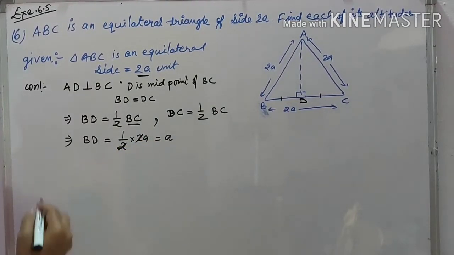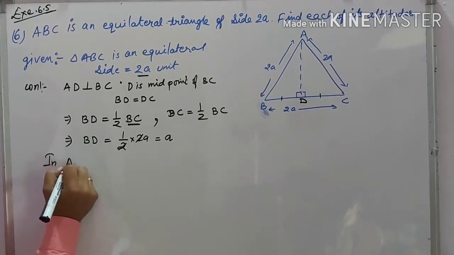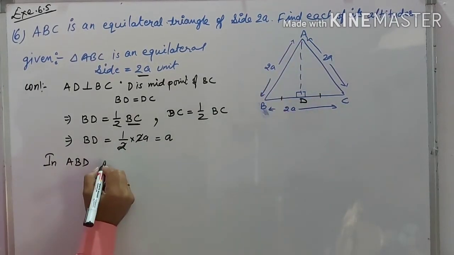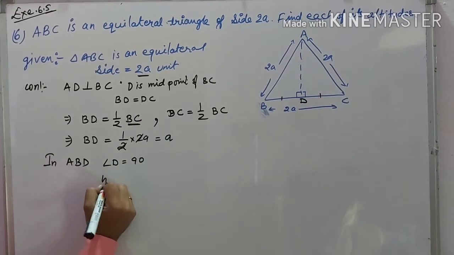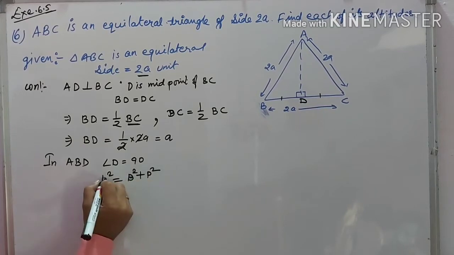Okay, in triangle ABD, angle D is equal to 90. By Pythagoras theorem, H square is equal to B square plus P square.